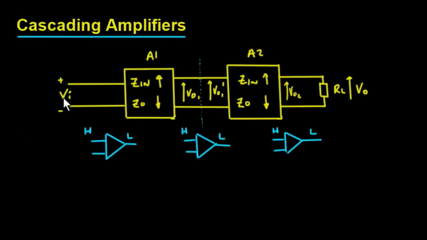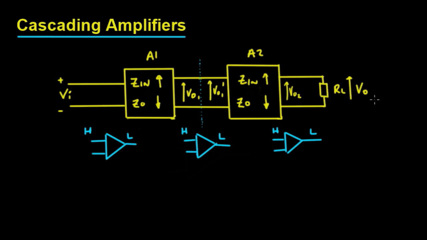So if we had, for example, two cascaded amplifiers, here we could say we have amplifier 1 connected to amplifier 2. The input voltage would be Vin across these terminals. The output voltage would be over a load RL.